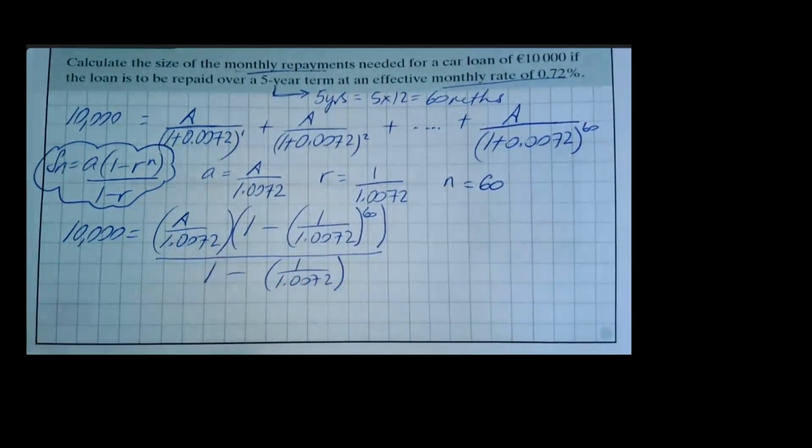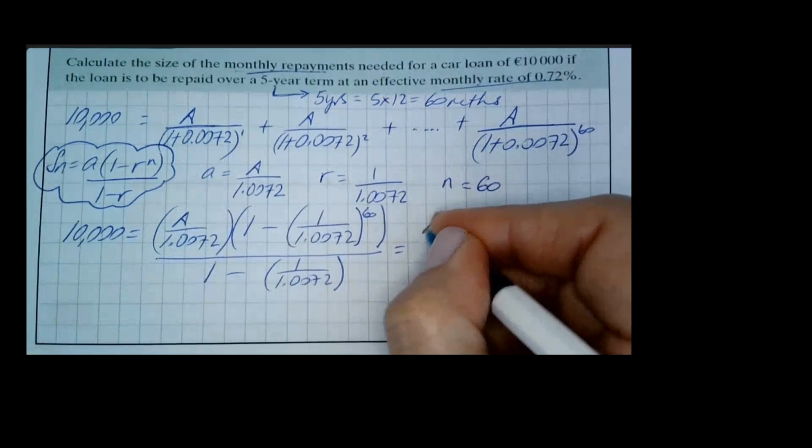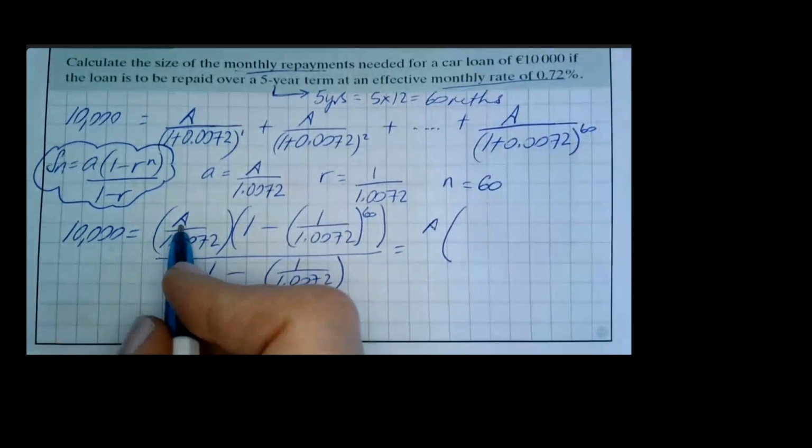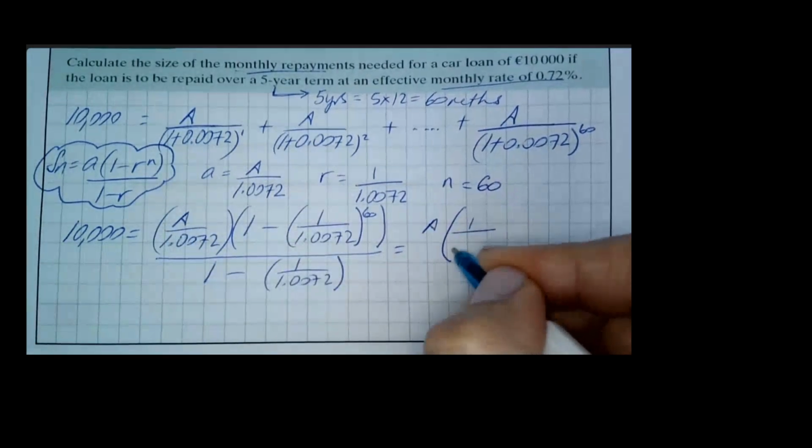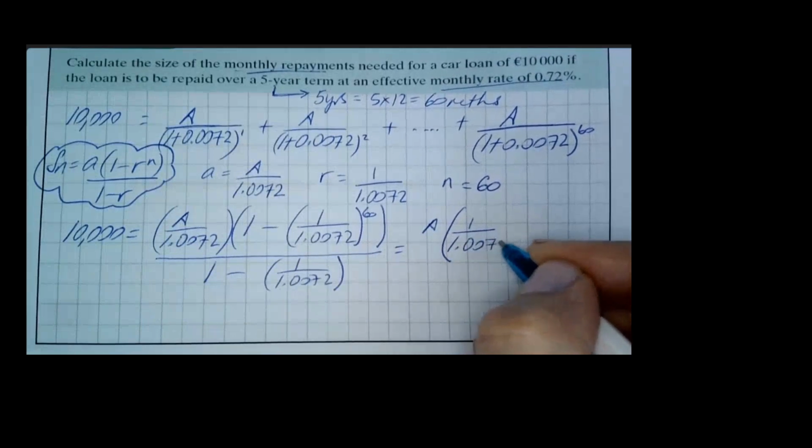I'm getting this. Now, obviously, I can't put the A in on the calculator, but what I'm going to do is I'm just going to pull that out. And pulling that out, you'd end up with 1 over 1.0072.